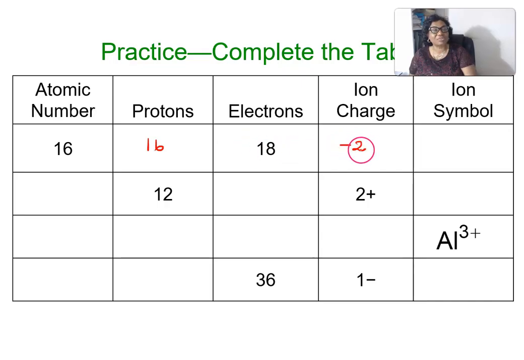Of course, it's 2-, because the number of electrons is supposed to be equal to the number of protons, but now we have 2 extra electrons. So what is the symbol? The atomic number determines the element, and the element with atomic number 16 is sulfur. Because it has a negative charge, we put 2-.